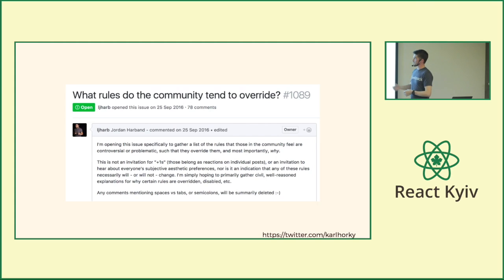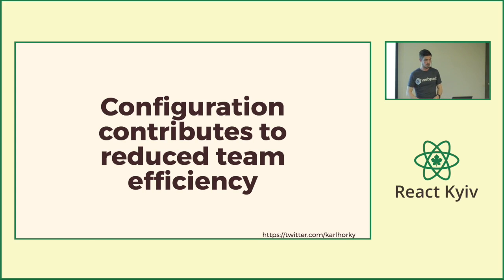There are over 75 comments here from people saying, no, this configuration doesn't quite work for me because I like to have my semicolon on the next line or something like this. It comes down to, do you want to be productive or not? In the case of linting, we can go with some different options. I'll show the different options as well. So it leads to reduced team efficiency, and that's something that we also see.